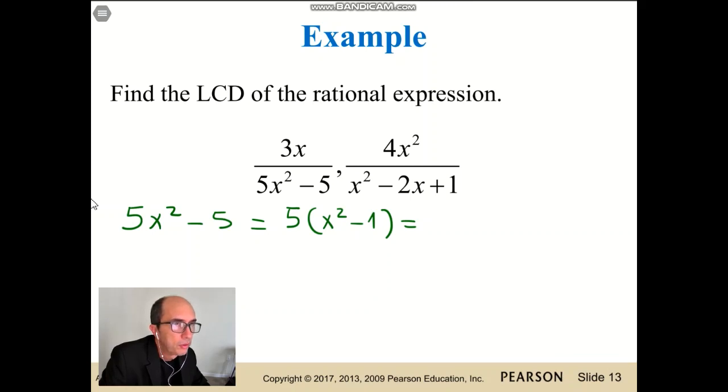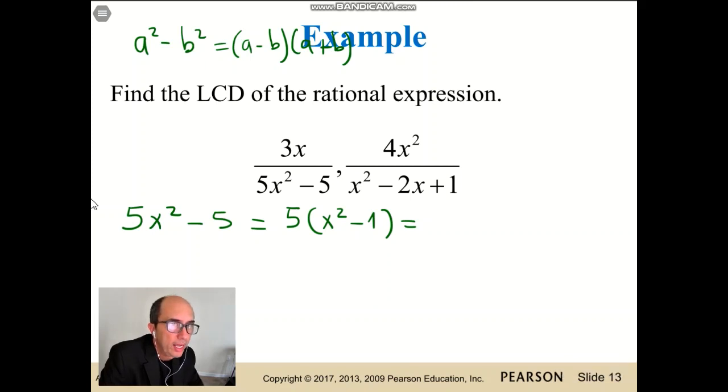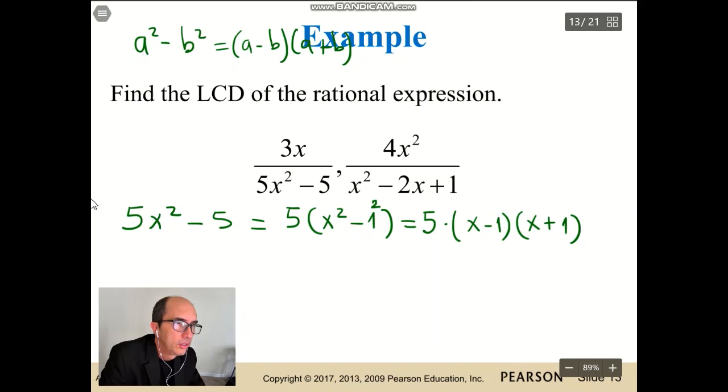Remember, there's a special product, a squared minus b squared equals a minus b times a plus b. Remember this? And we can apply it here because 1 is the same thing as 1 squared. This is 5 times x minus 1 times x plus 1. So this is completely factored.